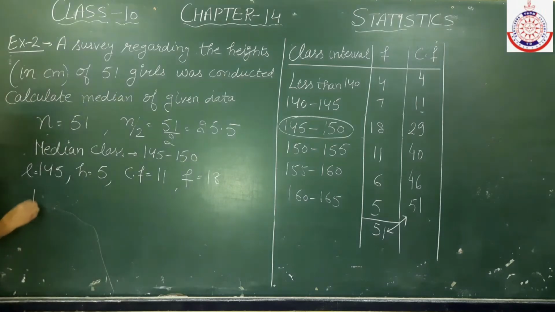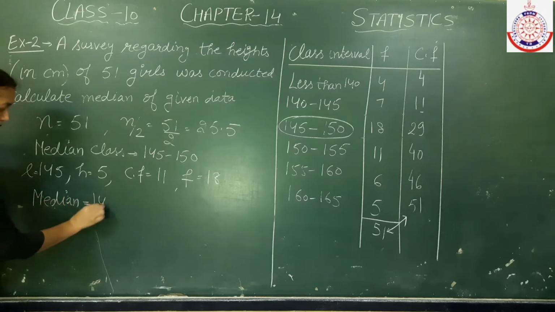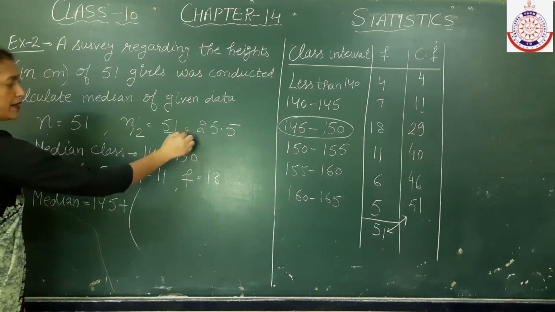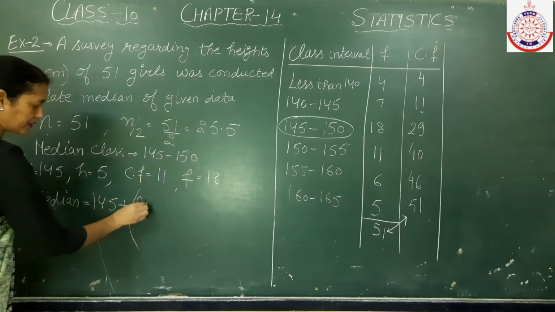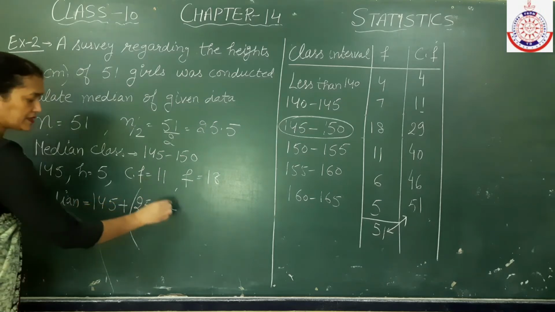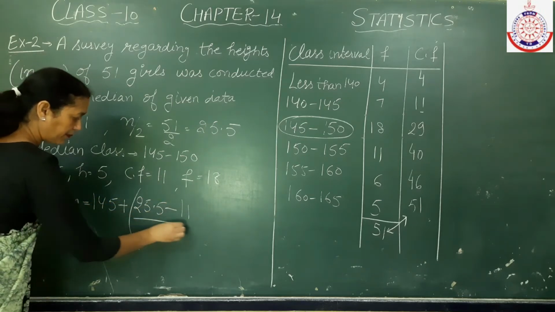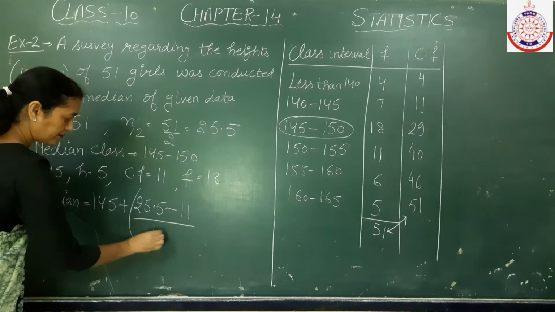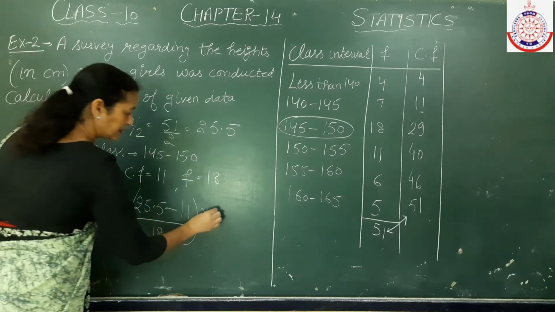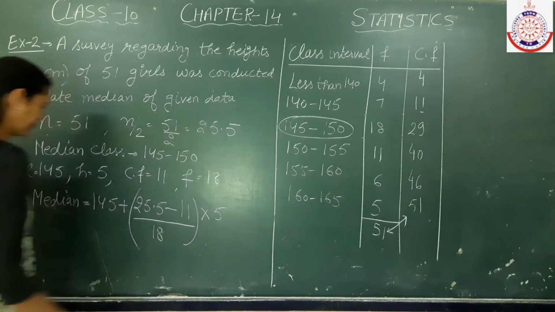So median will come L plus n by 2, that is 25.5, minus cumulative frequency upon frequency into class width, that is 5.